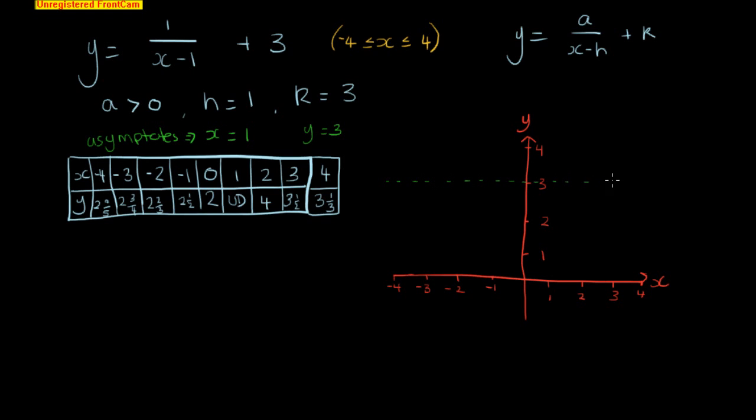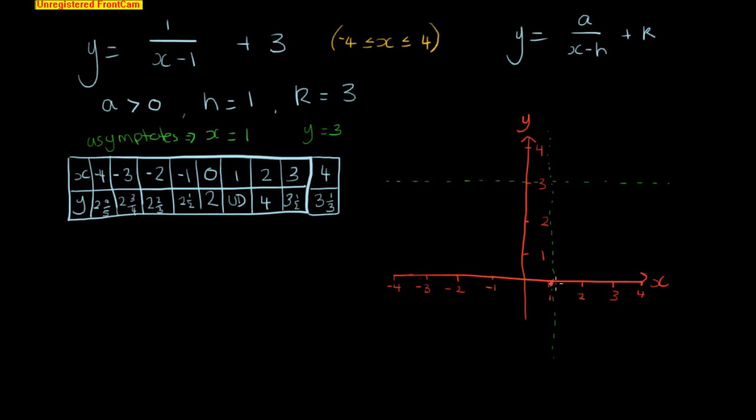So the vertical asymptote at x equals 1, we're going to draw down here, very straight. It's meant to cut through. And next we'll just do our points.